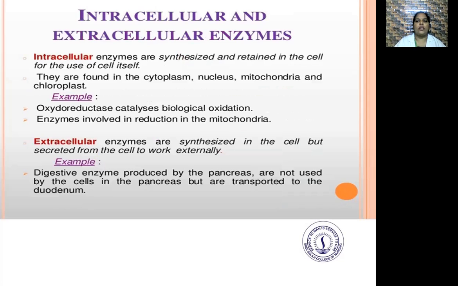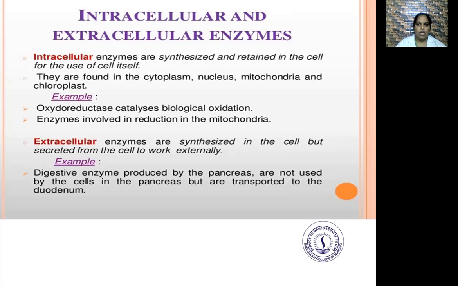Intracellular and extracellular enzymes. Intracellular enzymes are synthesized and retained for the use of the cell itself. They are found in the cytoplasm, nucleus, mitochondria, and chloroplast. Example, oxidoreductases catalyze biological oxidation and reduction in the mitochondria.